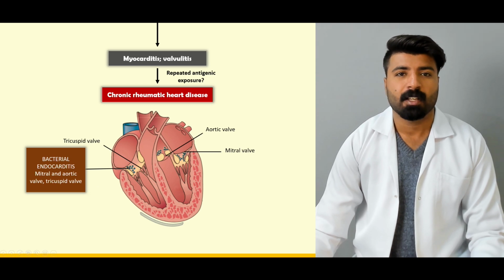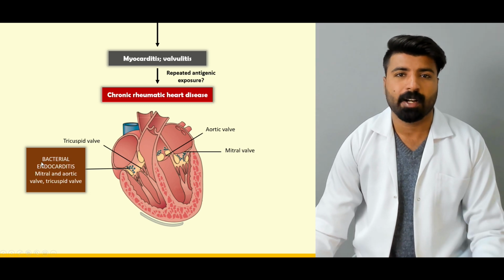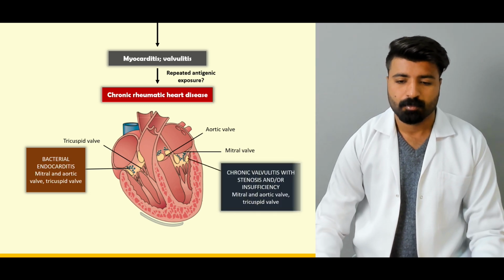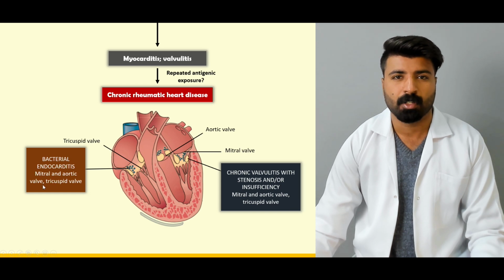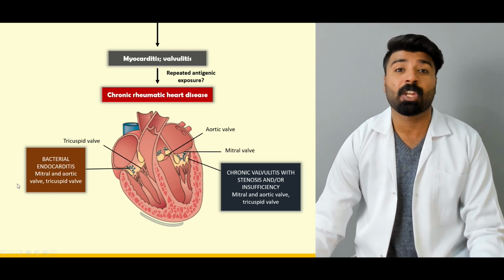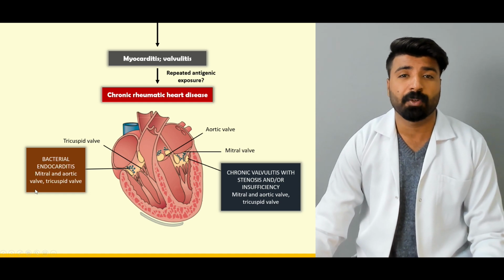Otherwise, bacterial endocarditis leads to mitral, aortic, and tricuspid valve affection. In chronic valvulitis with stenosis or insufficiency, it's the same valves we talked about: mitral, aortic and tricuspid valve. Now, this was talking about the acute condition. In the acute condition, which valves are going to get affected?